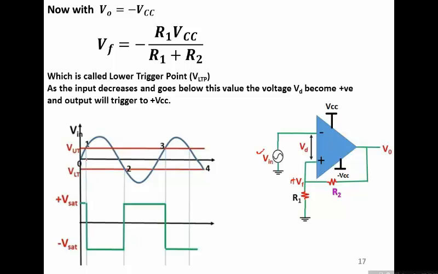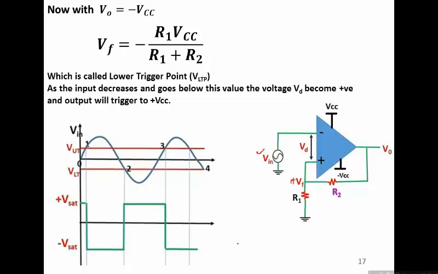When the input is increased and crosses this trigger point, the output becomes negative, and when the input is decreased and crosses the lower trigger point, the output becomes high. So this is how the inverting Schmitt trigger works.